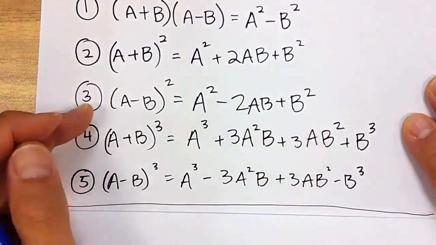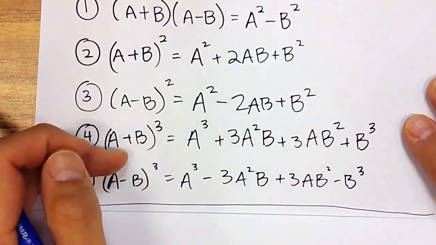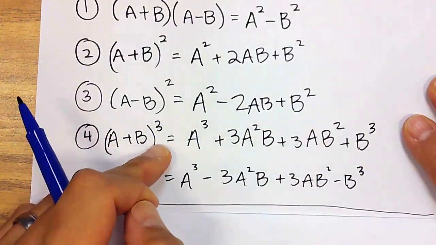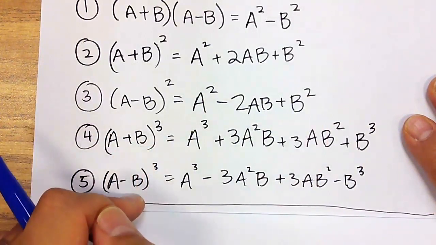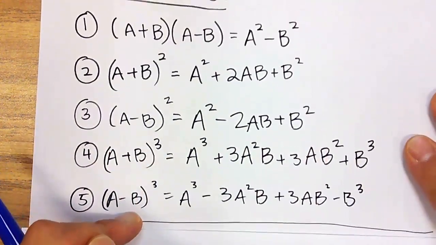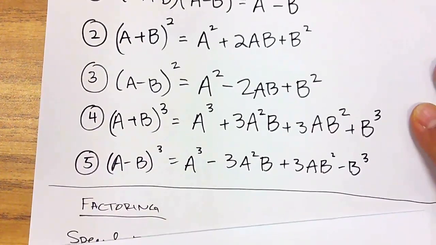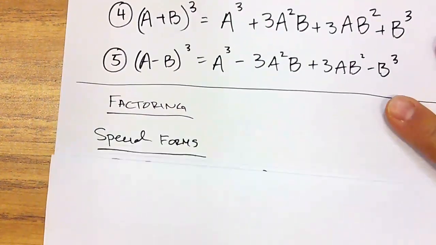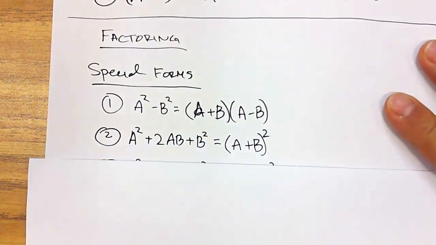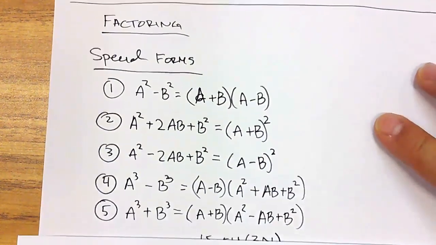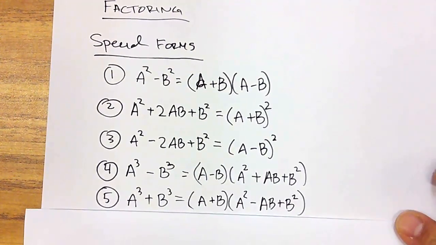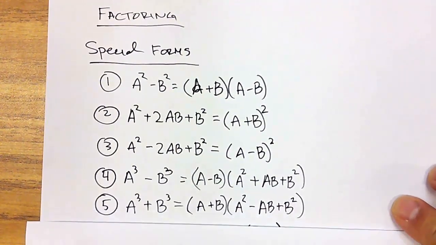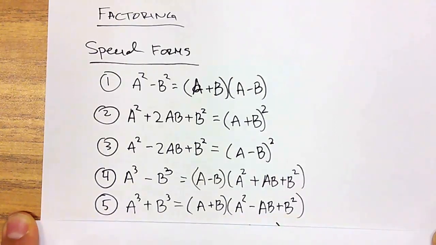And then this is the cubed, if we cube a plus b and a minus b. So just go ahead and write this down. And then when we factor it, these are the special forms. We're also going to factor, so we can write them down as well, and I will finish this out in class using examples.